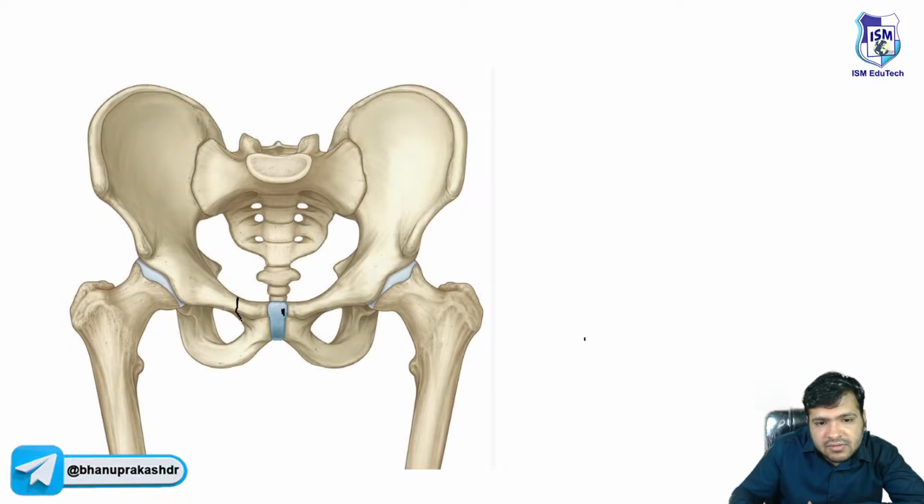Yes, beta. So this is the body of the pubis, which I am drawing right now. You can see the two bodies of the pubis. Now, the one which I'm drawing in the darker part, it is the inferior ramus.